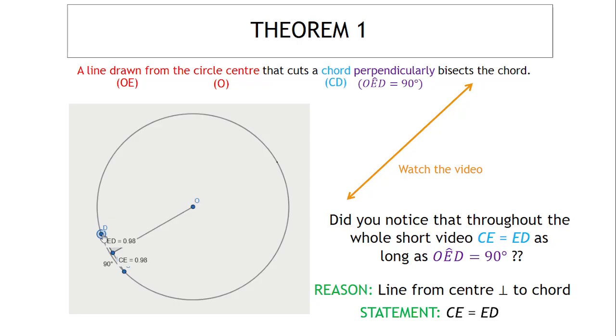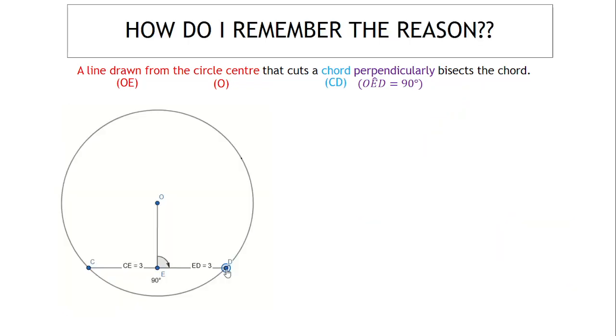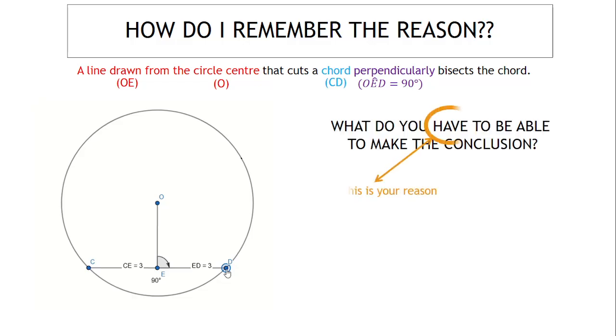Now, the biggest thing that I've picked up throughout my years of teaching is that people don't know how to write the reason. What is the reason? The only suggestion I can give you is to always ask yourself, what do I have? This is the reason.